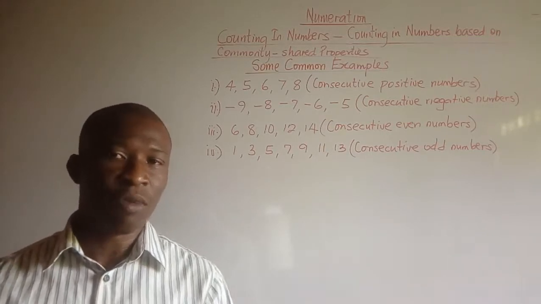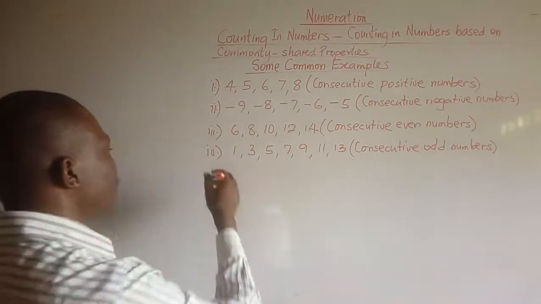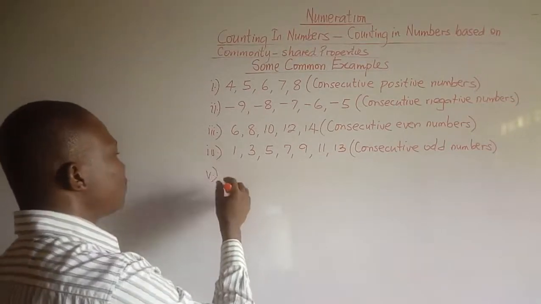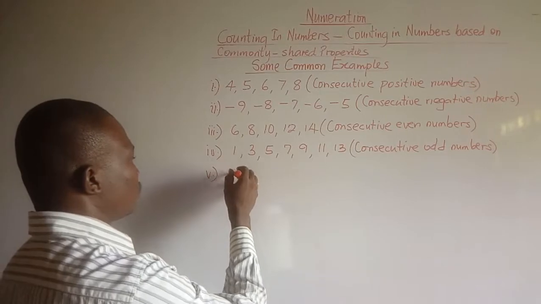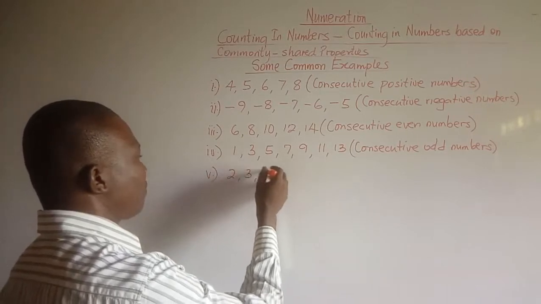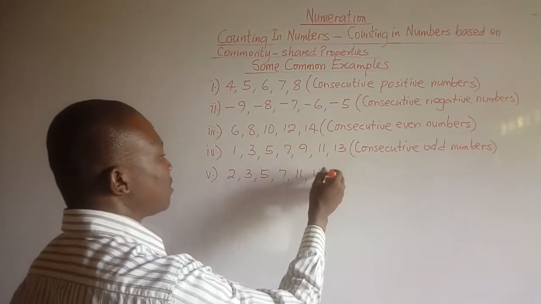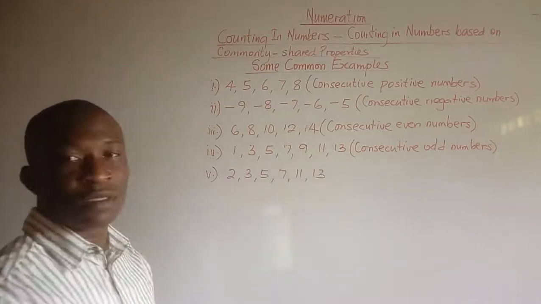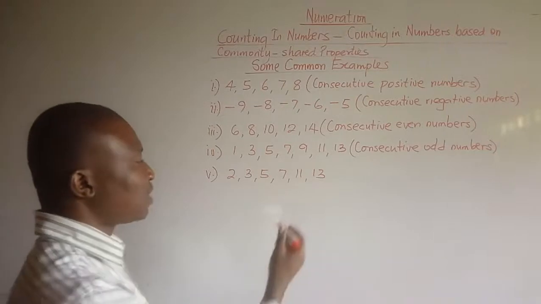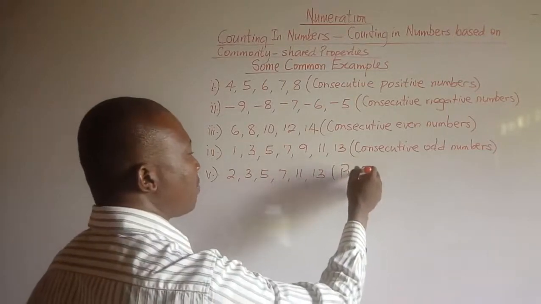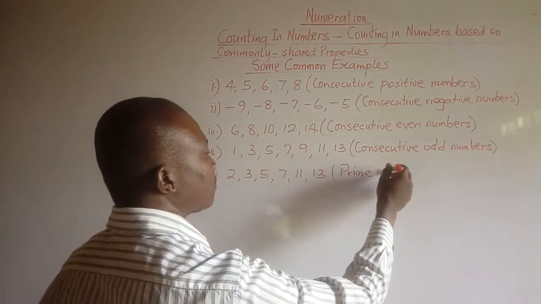Let's take more examples. We can also have 2, 3, 5, 7, 11, 13. These numbers in this sequence are prime numbers.